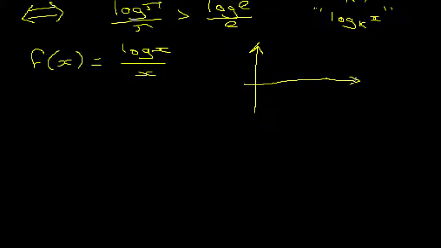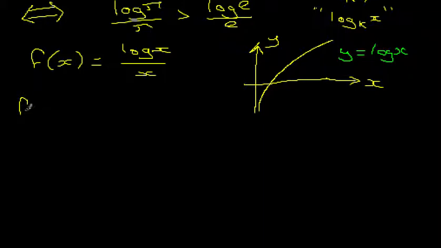Maybe it will help by drawing a log x graph to start with. So log x looks something like this. This is y is log x. We could draw a graph of y as 1 over x, but I don't think we really need to. A standard thing to start with in sketching a graph is, are there any stationary points? So we'll compute the derivative.